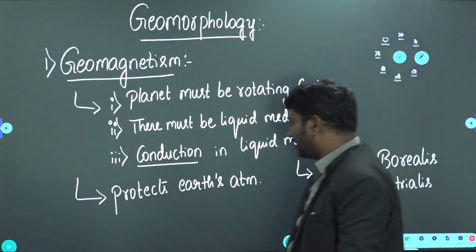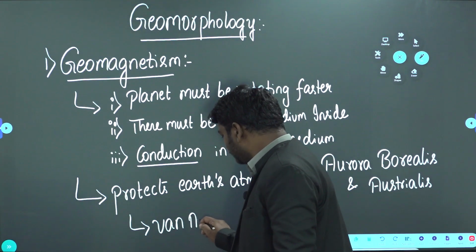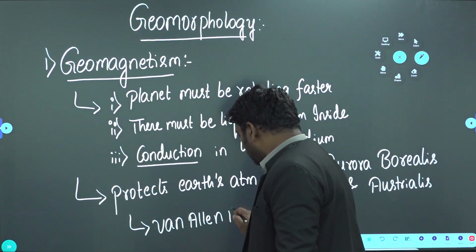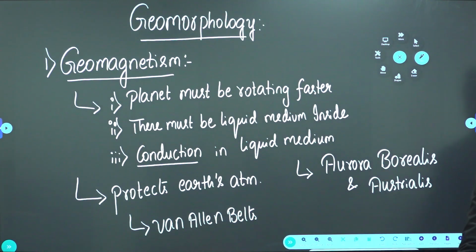And the dust particles from the sun are captured under Van Allen belts. How many Van Allen belts are there? Two, inner and outer, right? So they include dust particles coming from the sun held by geomagnetic field.